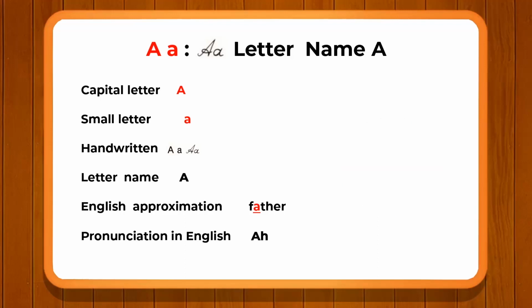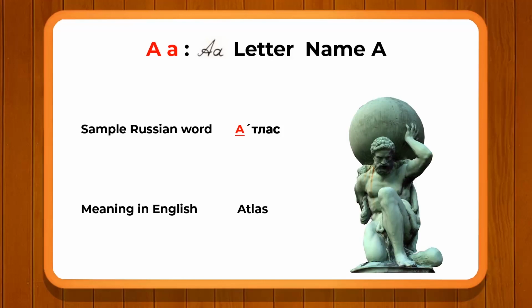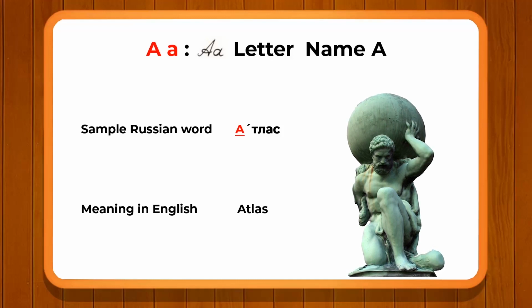Please pay attention to how I pronounce the letter A as A in father, father, and in Russian the letter A as in the Russian word atlas, atlas. And here you can again see that the meaning of the Russian word atlas is also given.